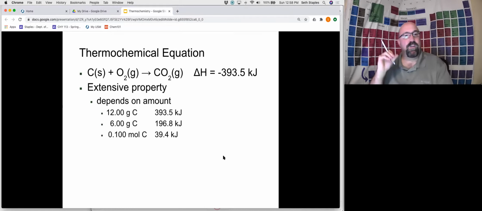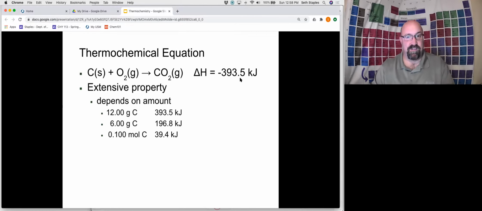Now, it's also important to note that this heat, this delta H, the enthalpy of a reaction, is an extensive property. It's going to depend on the amount that is given off. We can see here, when we look at our balanced chemical equation, this is 1 mole of carbon, right? The 1 is there, we just don't write it in. So 1 mole of carbon plus 1 mole of O2 gives us 1 mole of CO2.